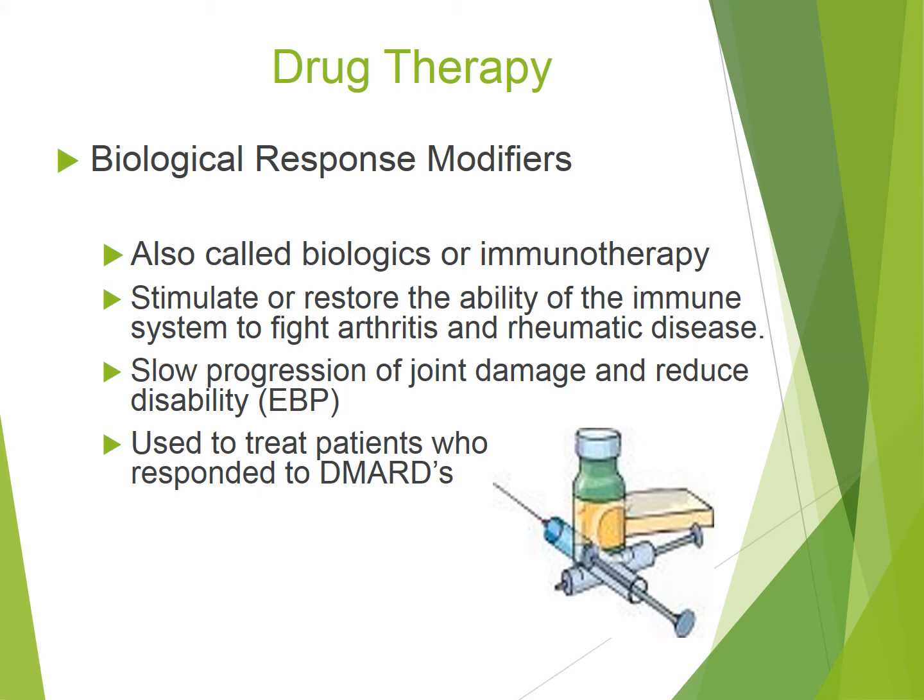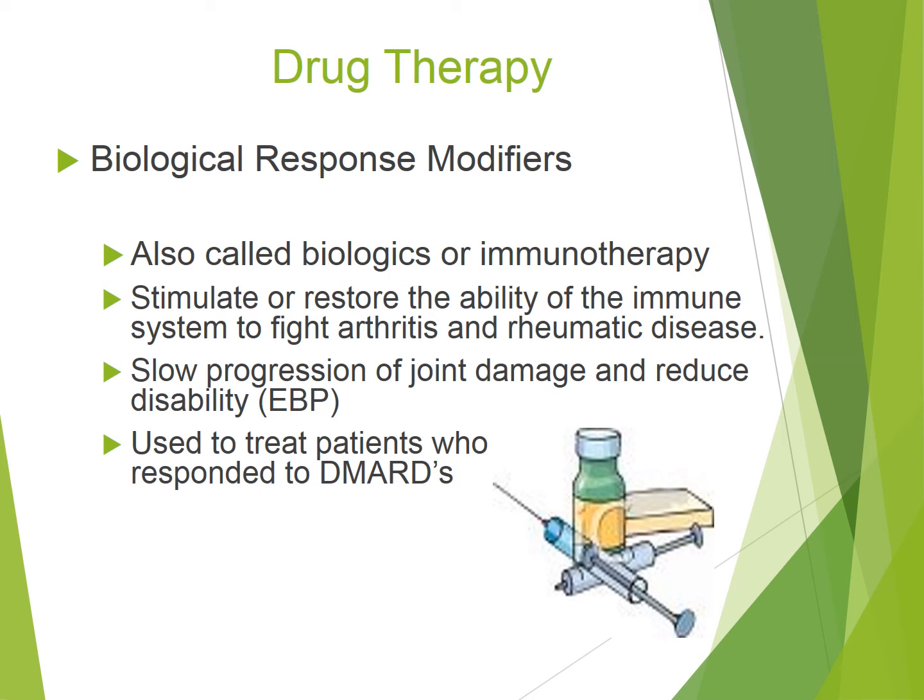BRMs, biological response modifiers. They're also called biologics, or it's also referred to, as it says up there, immunotherapy, okay? They can be used alone, or we can use them with patients who are on your DMARDs, okay? So again, they're used for moderate to severe rheumatoid arthritis.